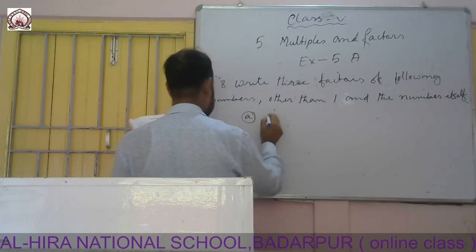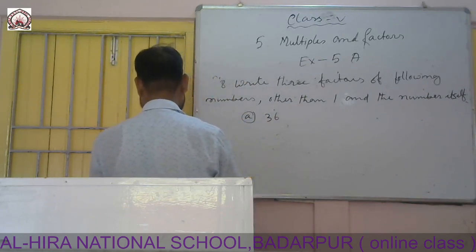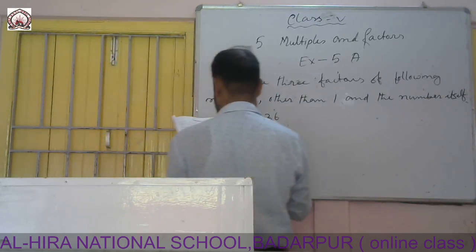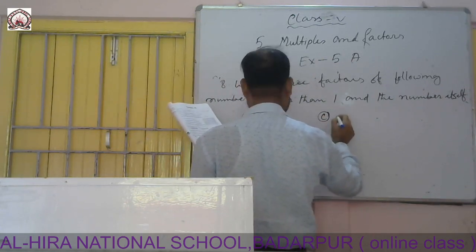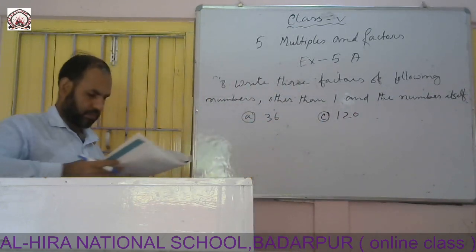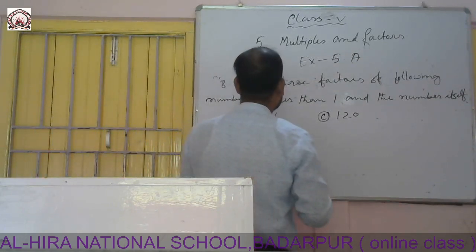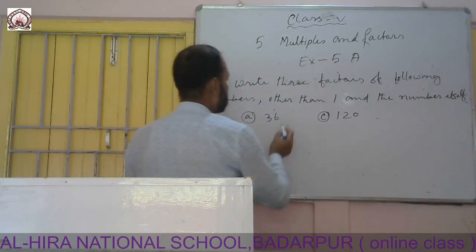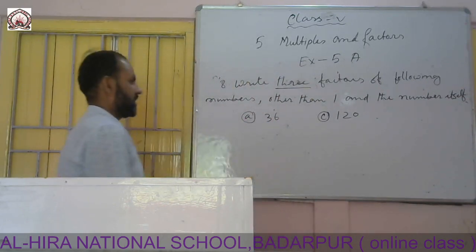Question number A, 36. And we solve question number C, 120. So, first here we find out the 3 factors of the following numbers.